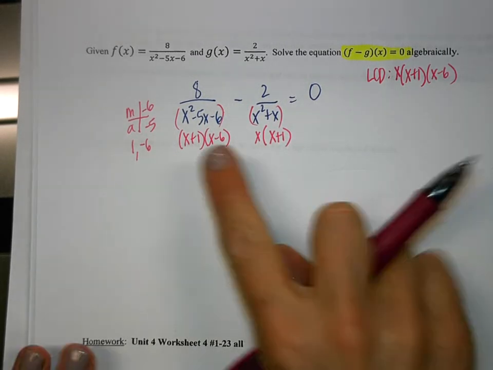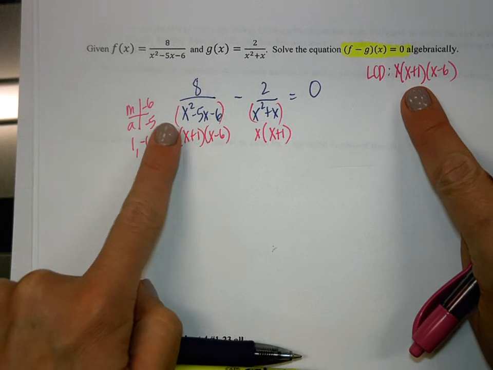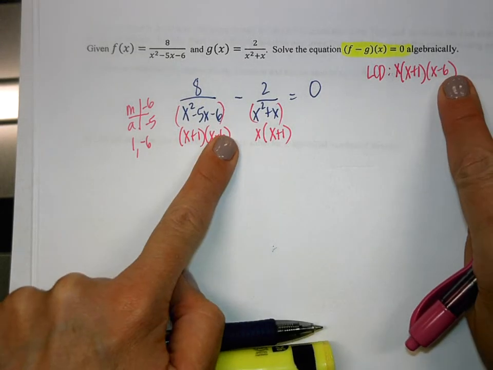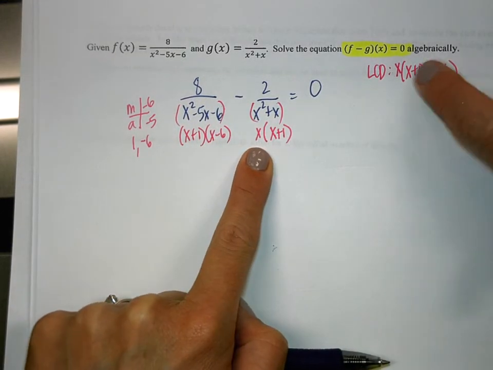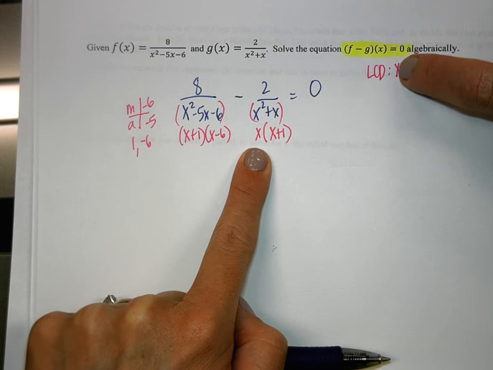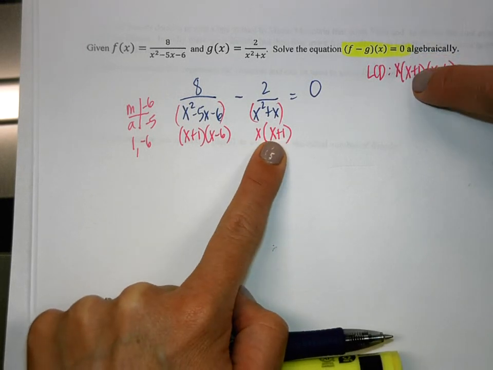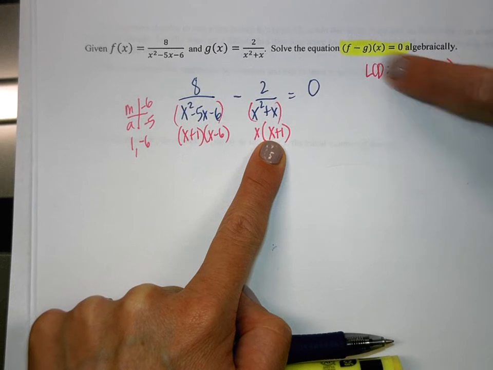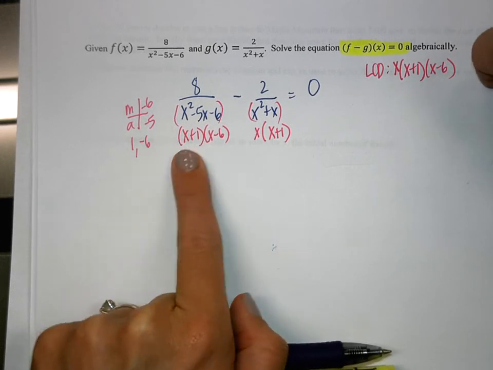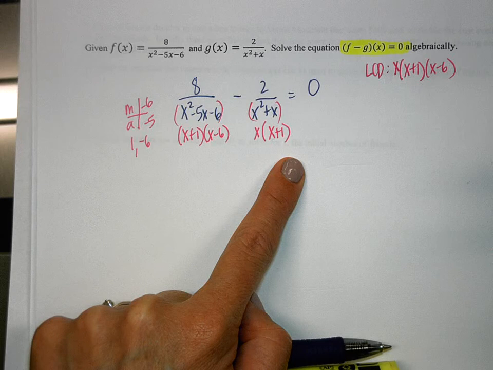So if you look, the first term, you have your x plus 1, and we have our x minus 6. The next one, I still need an x, and our monomials, our single terms, always go in front. So that's why that x is there. And then I need an x plus 1, but I already have an x plus 1, so that makes my LCD. So you kind of just go through and check each term and keep adding anything that's missing.